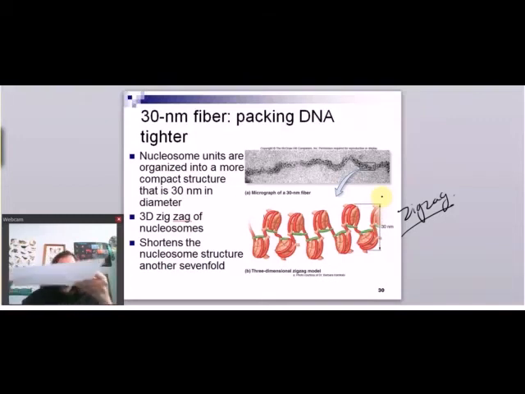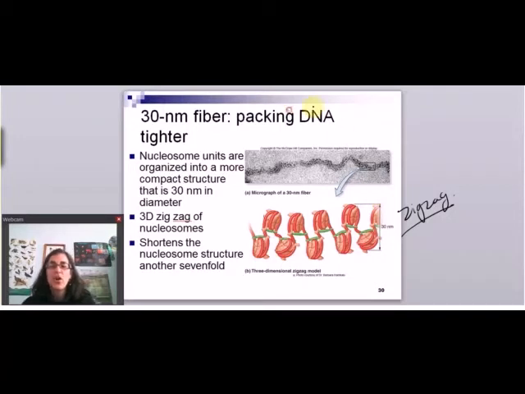I have this piece of paper here for you, and as you probably know, it's 11 inches long, but if I fold it accordion style, so basically make zigzags in it, which is what I'm doing off to the side here, taking the paper and going up and down with it, there's my zigzag. That's not 11 inches long anymore because I've taken some of the distance and put it into the zigzag. So that's, again, shortening the length of the DNA.